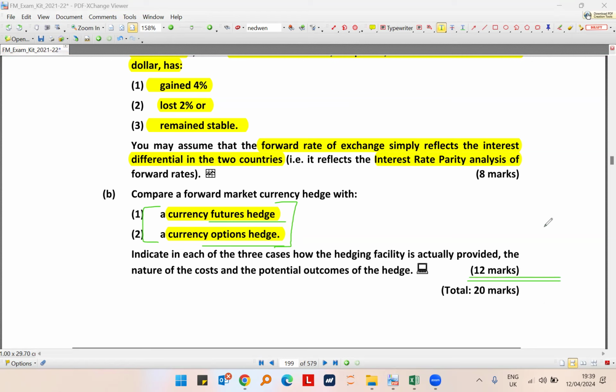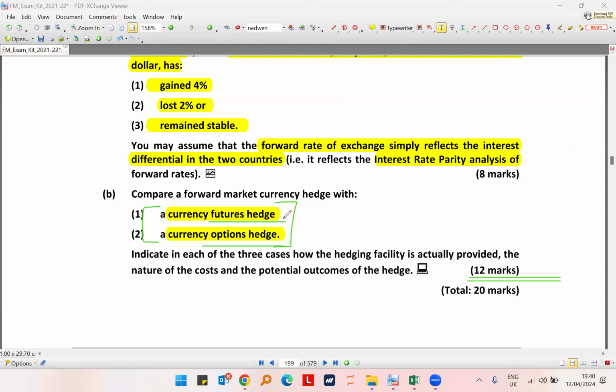This question was biased more than half on the explanation itself. So if you didn't know how to explain the options and futures hedge, you are going to struggle to get half the marks, which is exactly what I'm trying to bring to your attention.